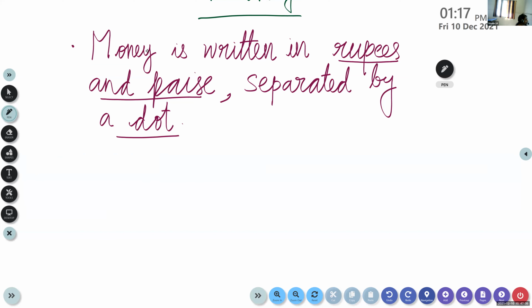Money is written in rupees and paisa, separated by a dot. Everyone has completed the sentence which I wrote on the board? Everyone? No, please complete it.